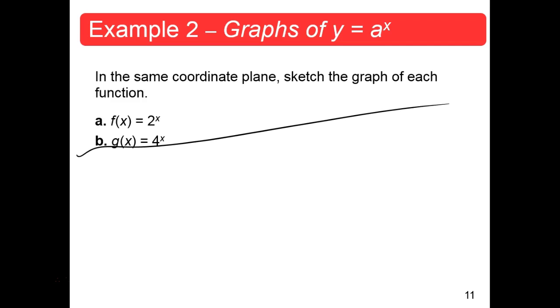In example 5, notice how the graph of y is equal to a to the x can be used to sketch the graphs of other functions, such as f of x is equal to b plus or minus a to the x plus c. In other words, we're going to be doing transformations. Just like we did with polynomial functions or other functions, we can do them with exponential functions as well.